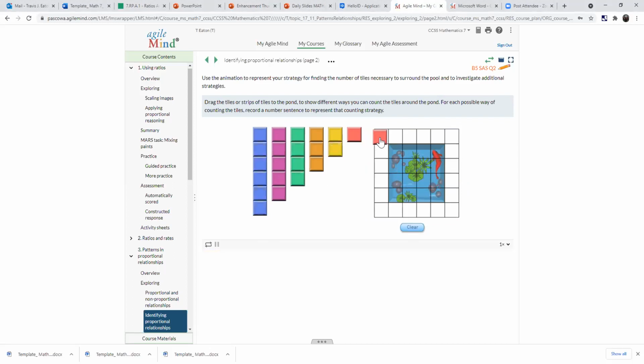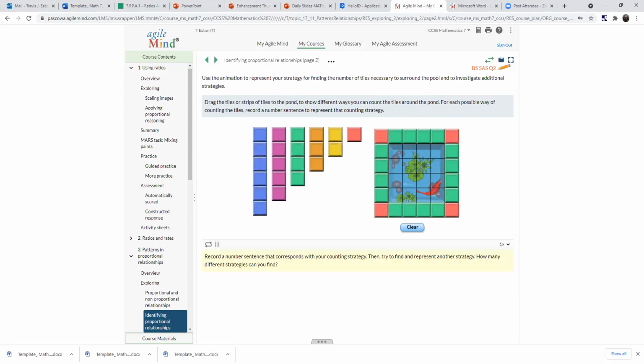I could do corner, corner, and a corner, and another corner. And then 4 and 4 and 4 and 4. All right. So we've seen a few ways here. So we've got that 1 plus 1 plus 1 plus 1 plus 4 plus 4 plus 4 plus 4. That's also an option. So there are different ways to take a look at this particular situation.